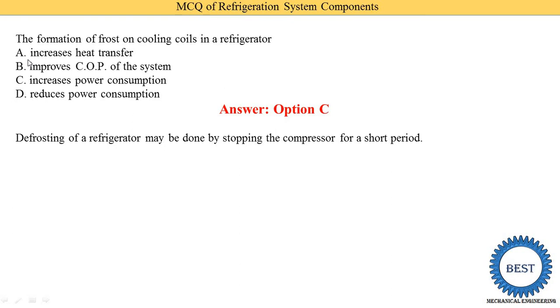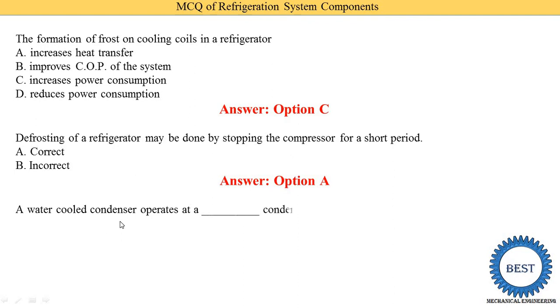Defrosting is done using a number of methods, and one method is stopping the compressor for a short period of time. Correct or incorrect? Option A is the correct statement: ice from the evaporator coil is removed by stopping the compressor for a short period of time.